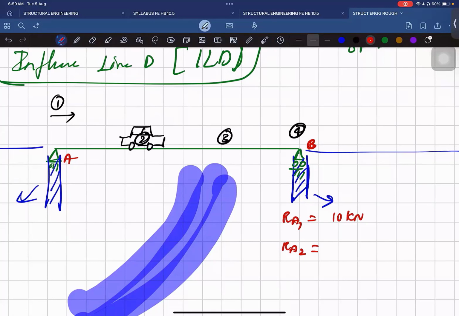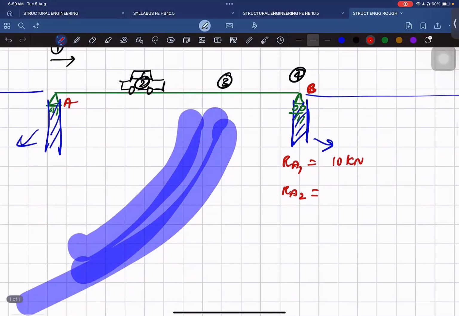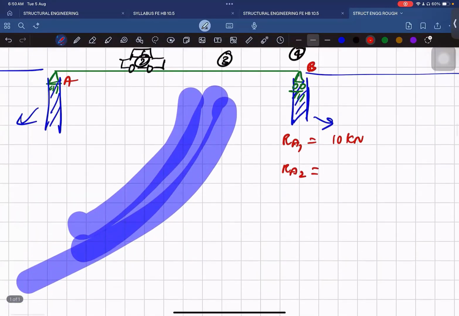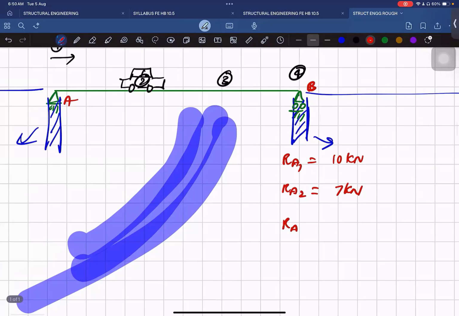Any guess? Different. So the reaction at A, when the vehicle is at position 2, will be something different. Let me mark it as 7 kilonewtons. When the vehicle has traveled further, again this reaction will be something different. Let me take it as 5 kilonewtons.